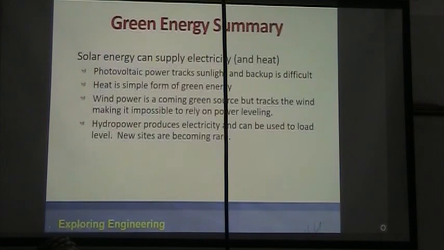All right, wind power, well, they're saying it's a coming energy source. Damn it, I say it's here. And that is being used a lot. Hydroelectric power can give us electricity, and we can use it to load level by those pumping techniques that we talked about. But again, it's hard to find a new place for a hydroelectric dam.